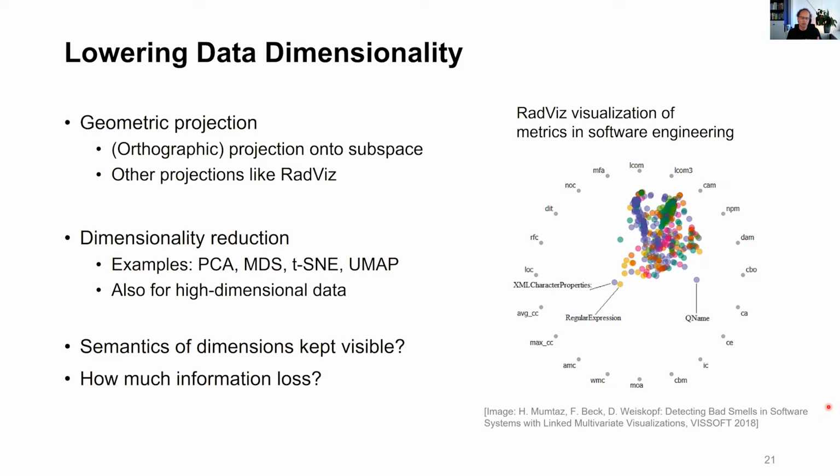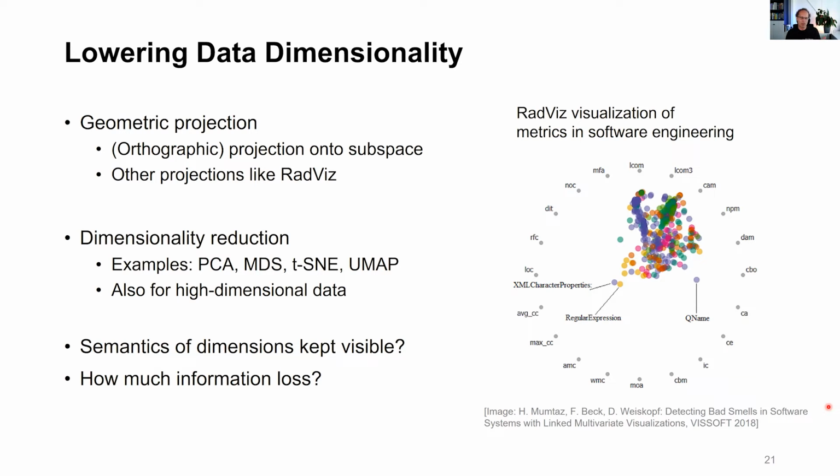This is also the usual way to go if you have very high dimensional data in the first place, because this approach typically scales quite well with increasing dimensionality. That makes it different from many of the other multidimensional data visualization techniques that do not scale well with an increasing number of dimensions.